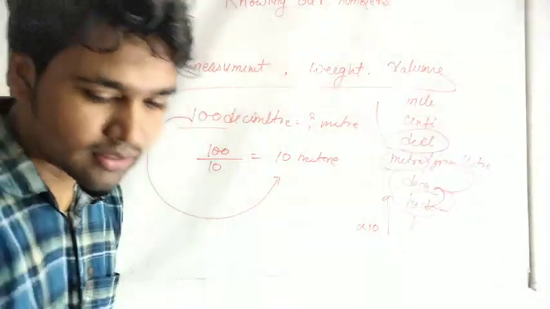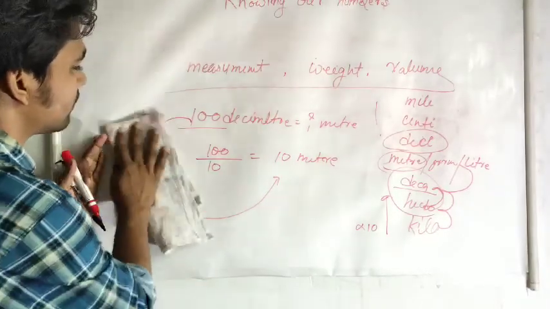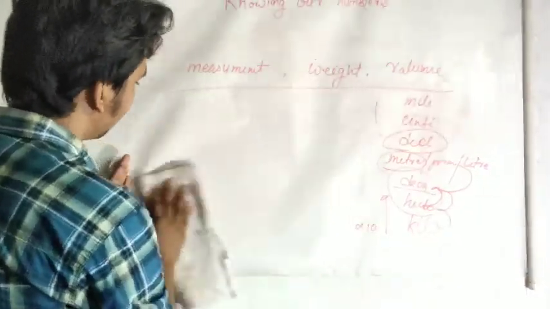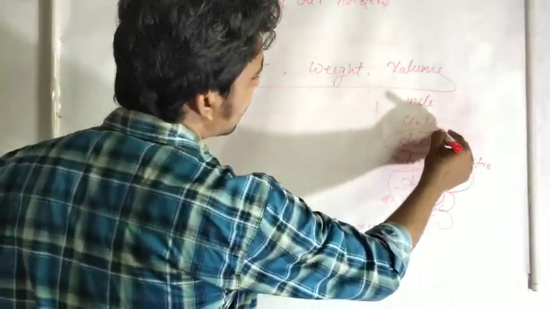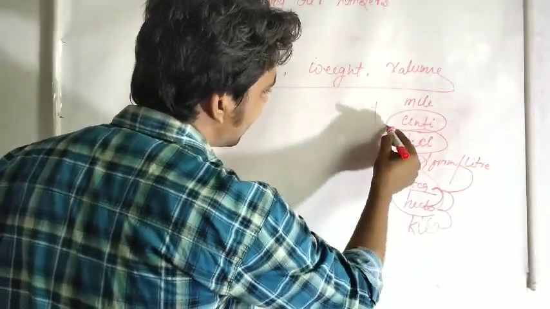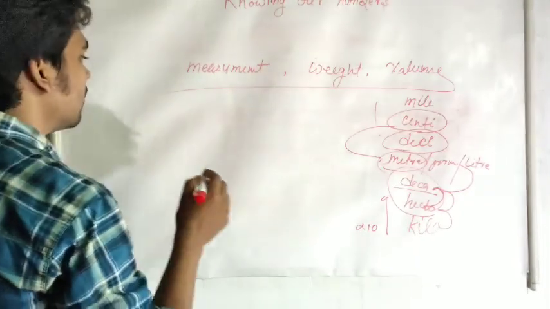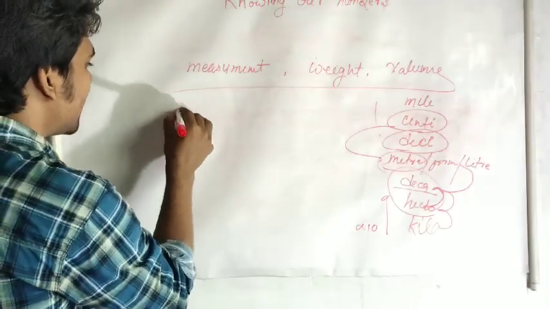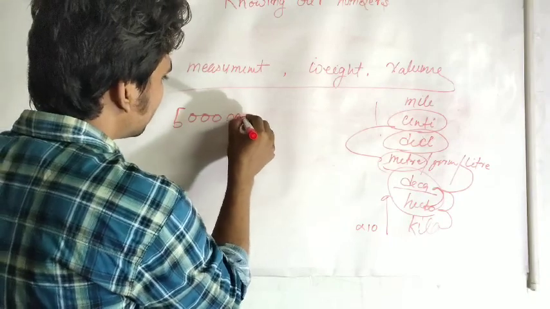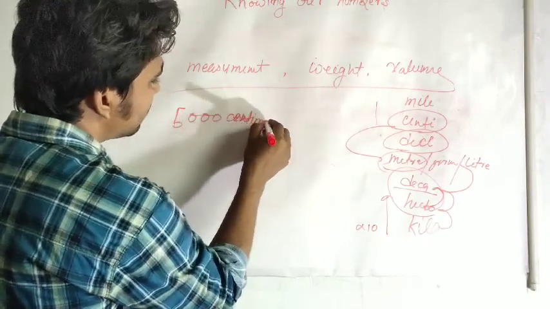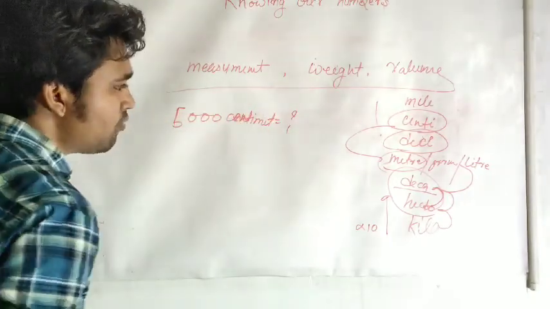Let me take another example. We take centimeter and meter. We have written here 5000 centimeter is equal to how many meters?